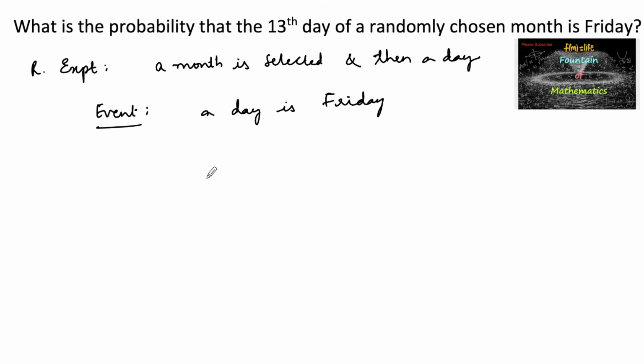Out of 12 months we have to select one month. So the probability of this event we can consider to be, first a selection of a month, and then, by using the multiplication principle, a selection of a day.